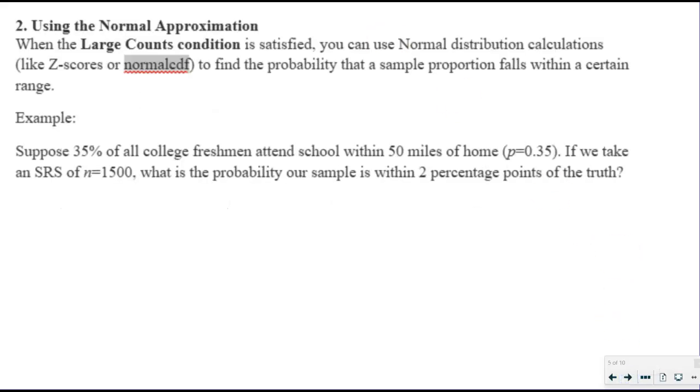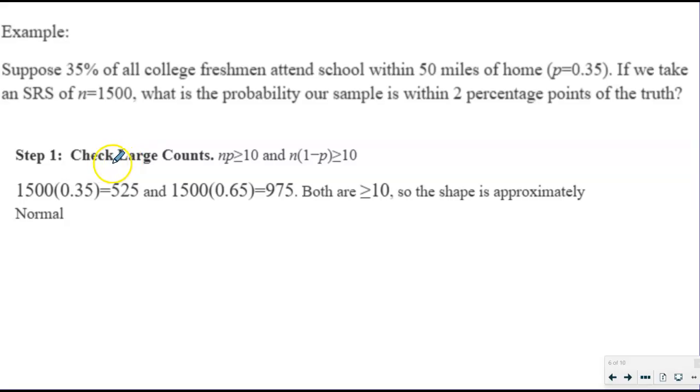Let's look at a scenario: a poll of 1,500 freshmen where 35% attend a school within 50 miles of home. We want to find the probability that a sample gives a result within 2 percentage points of 35%. First, we always want to check the large count condition, because if it is true, then we can use the normal approximation to find the probability of this specific event.